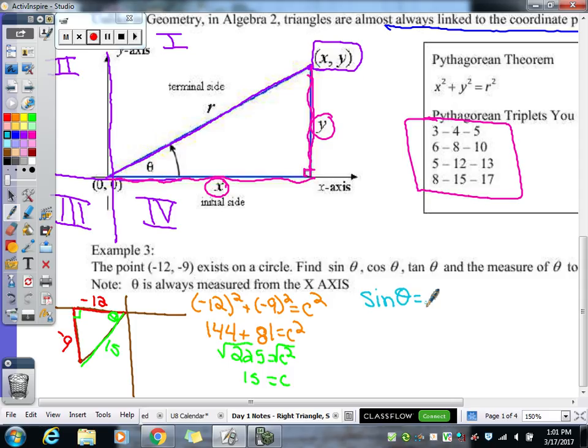Opposite over hypotenuse. So my opposite side would be negative 9. My hypotenuse would be 15. So now let's reduce that. What's negative 9 over 15 equal? Negative 3/5. So our sine is negative 3/5.